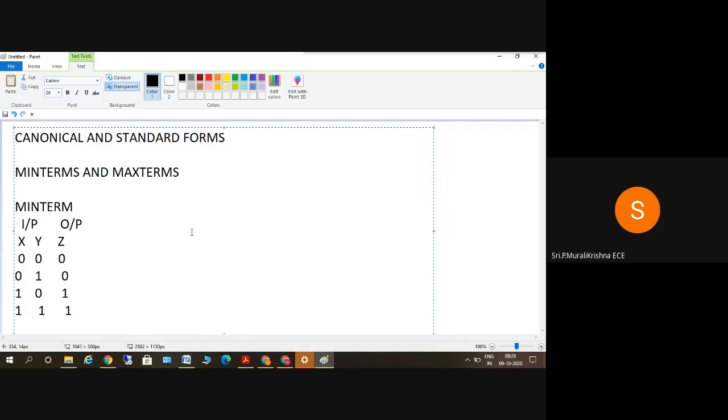So a minterm is defined like this. A minterm is the AND operation between the possible input combinations.